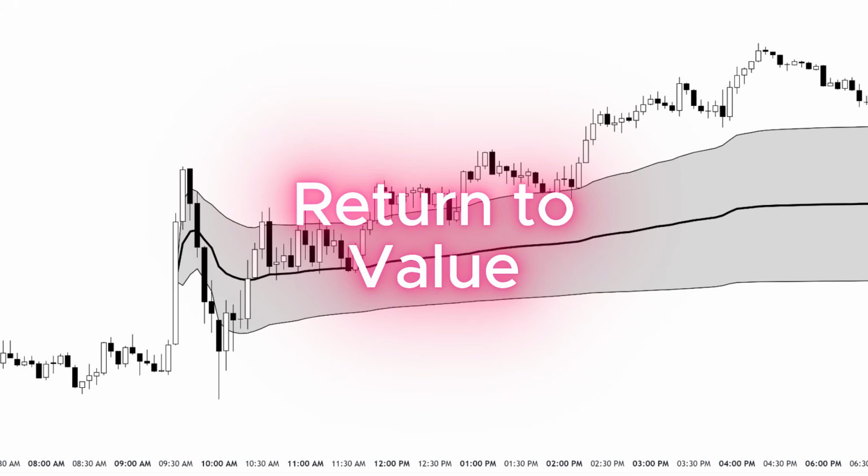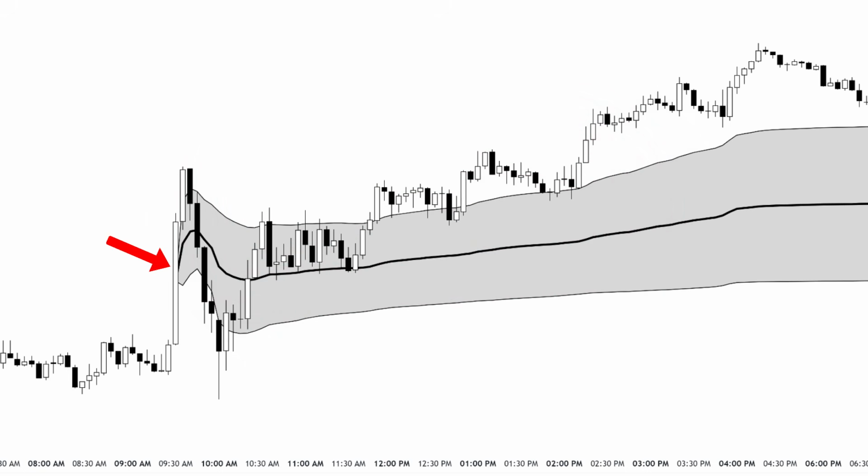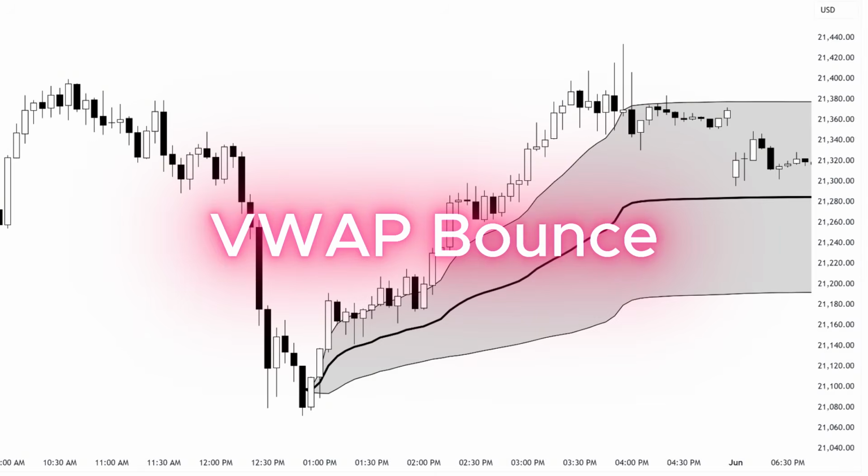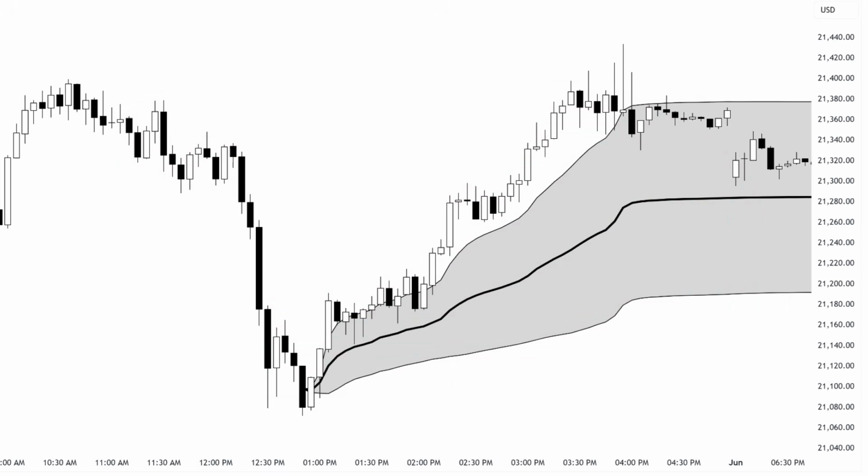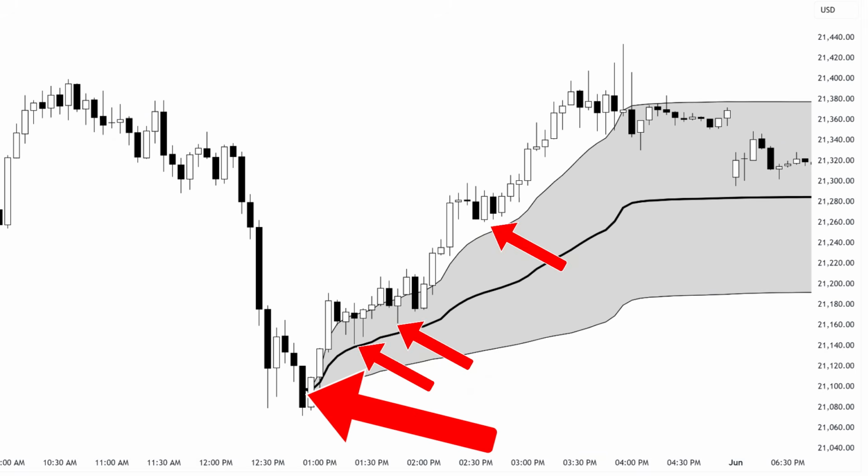Return to value. In this case, we're going to anchor to the failed breakout. If price reclaims value and reclaims the anchored VWAP from the move, that's going to be your confluence. Here we'll ride it back to VWAP or point of control. VWAP bounce. In strong trends, I'll anchor VWAP to the session low. If price pulls back mid-trend and defends that anchored VWAP with a reclaim or delta shift, I'm all in.